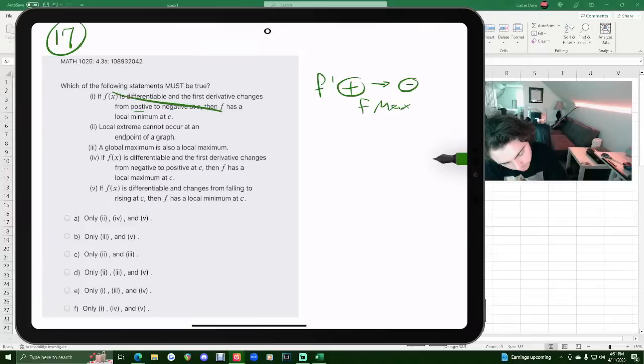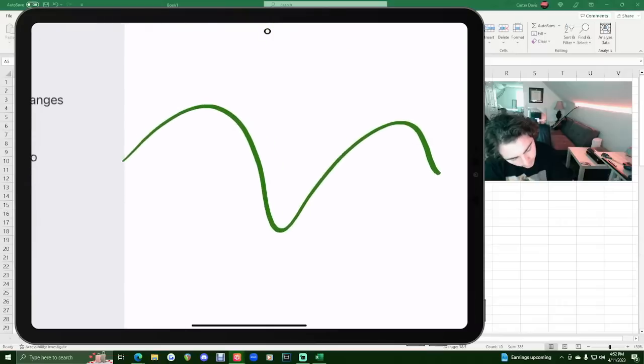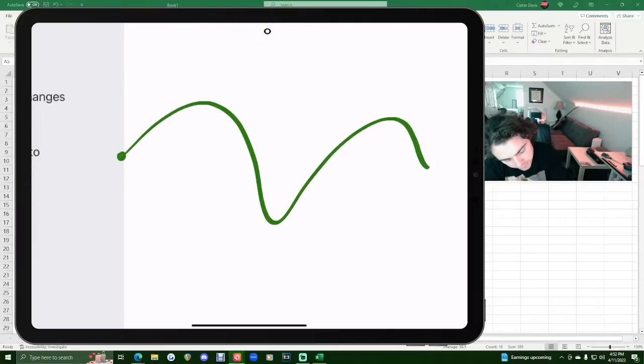So, false. Number 2, local extrema cannot occur at the endpoint of a graph. Originally, I would say that is true, but I think by their definition, it will be true, because we saw that earlier. We saw those graphs that would do something like this, and so the graph would look like this, and I would say that this is a minimum and this is a minimum, and those are known as endpoints.